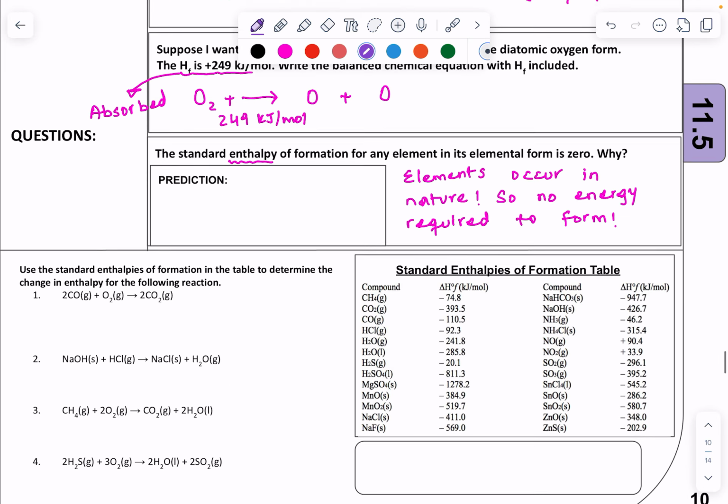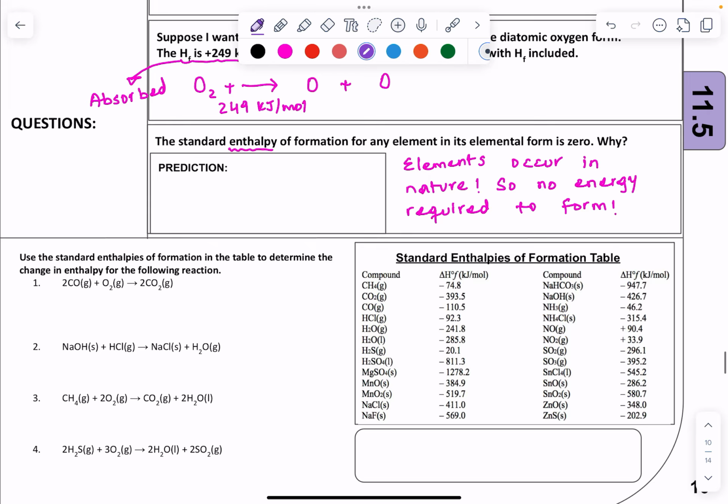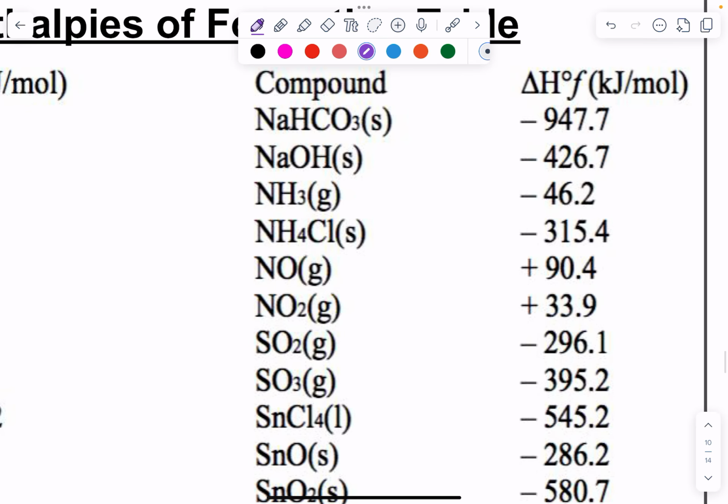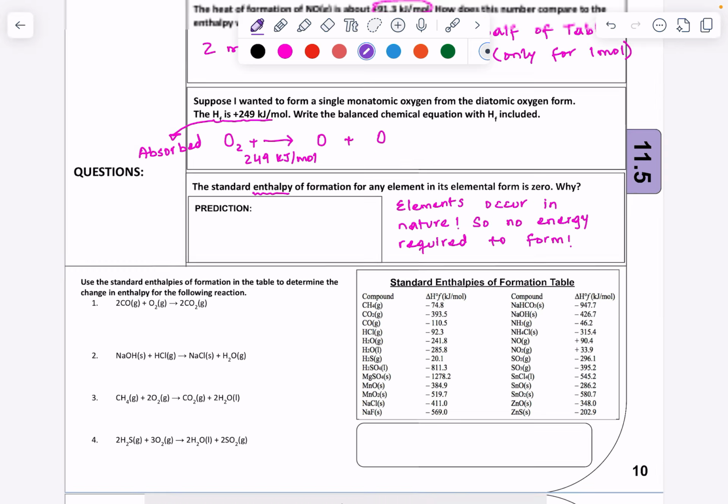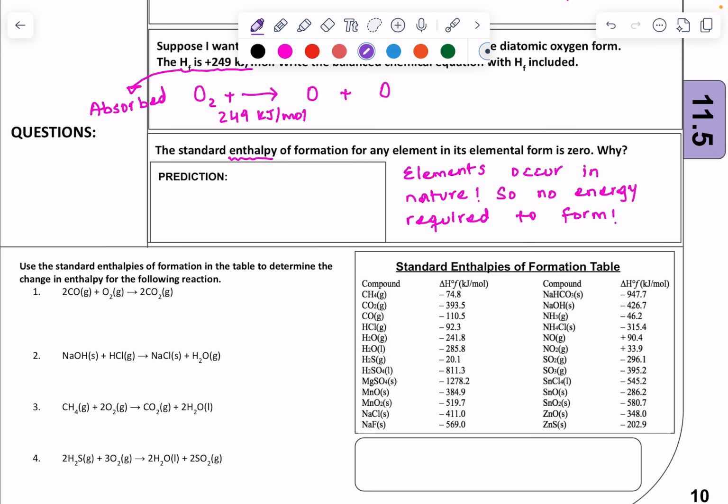For example, in this table, the heat of formation for NO is positive 90.4, and then for NO2 they gave you positive 33.9. So just know that sometimes when there's other things involved in the reaction, or when we change the temperature and the pressure conditions, then things can change.